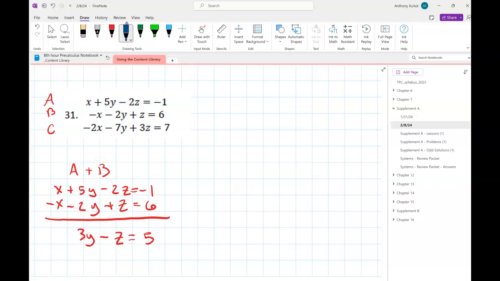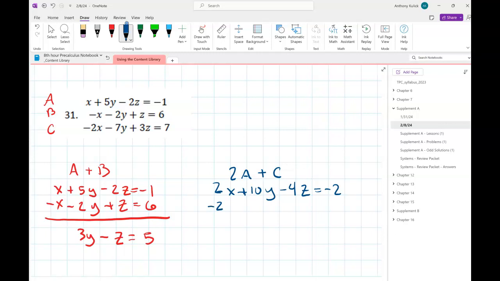And another way we could eliminate the x's is I could do 2 times equation A plus equation C. That'll give me 2x plus 10y minus 4z equals negative 2.